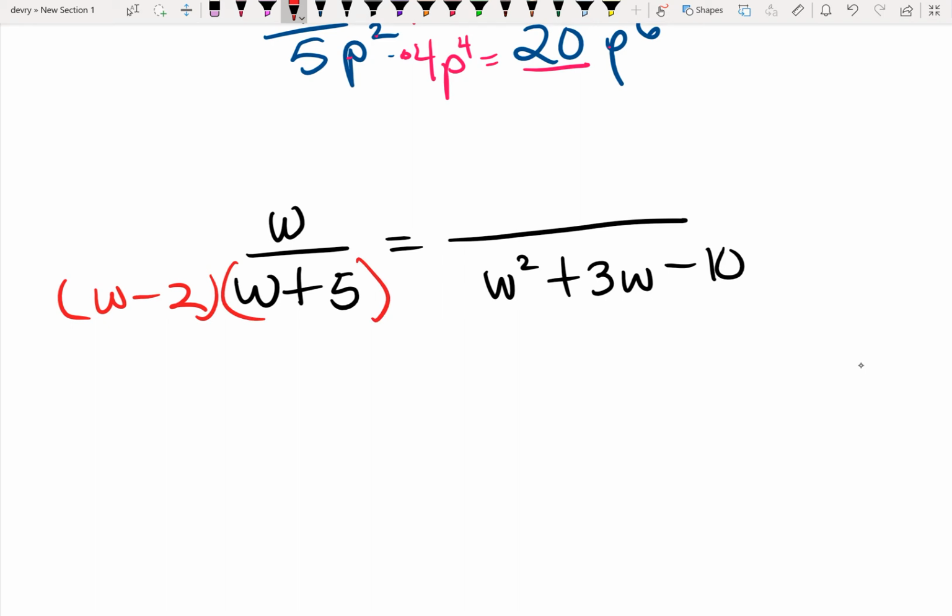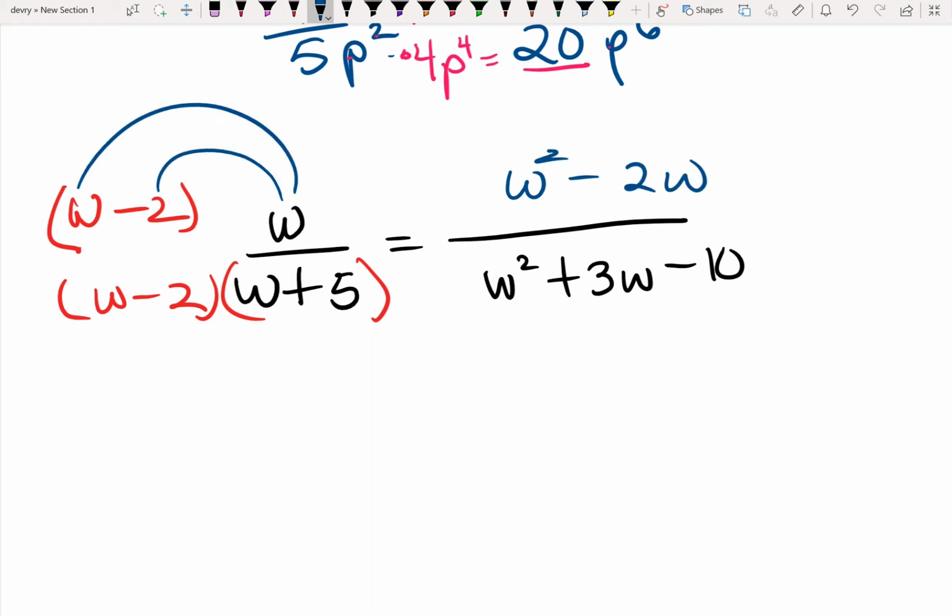See, when I FOIL that, I get this, which means that I have to multiply this top by the same. My final answer here should be w squared minus 2w. In essence, I'm distributing the value. Okay, so that is w squared. I know you guys always tease me sometimes how I write my 2's. There you go.